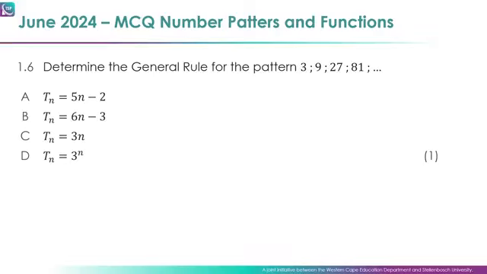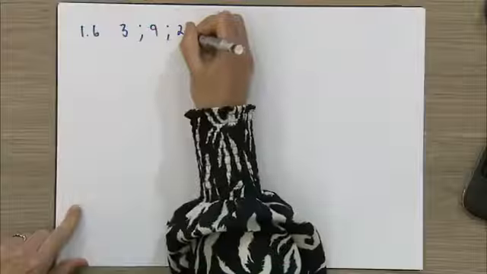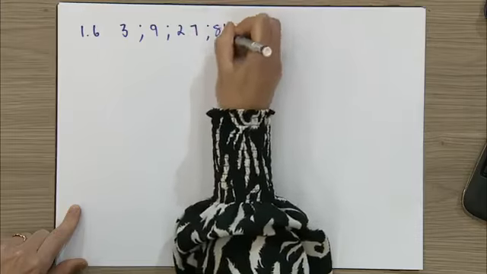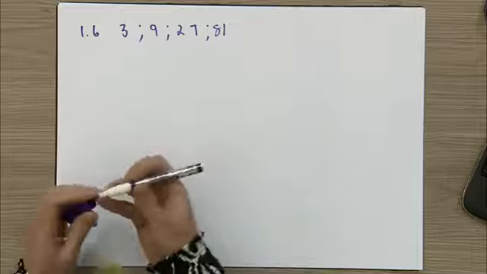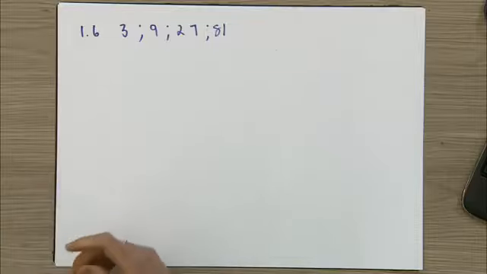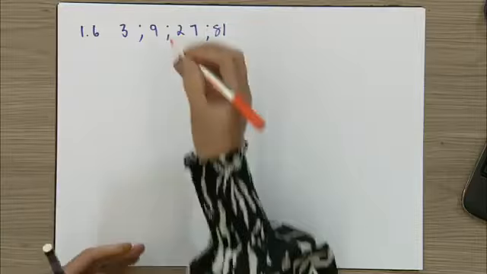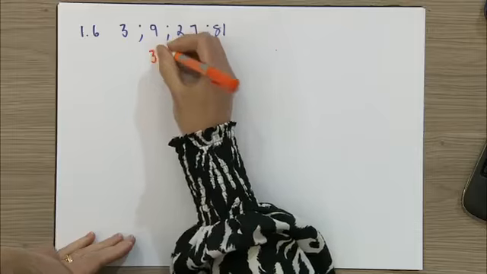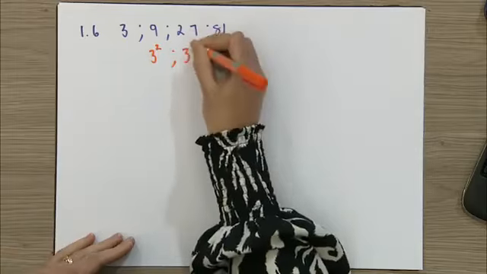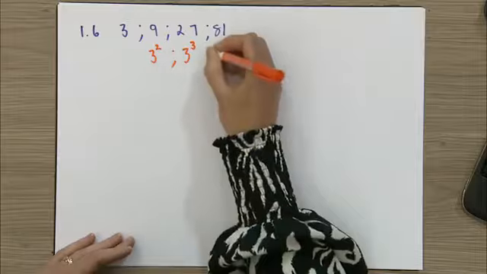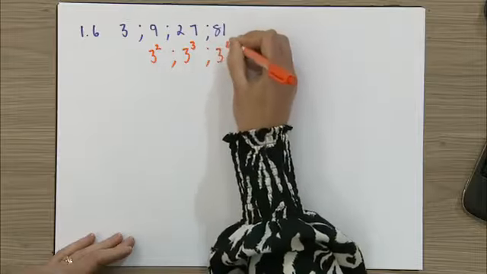So I must look at the numbers 3, 9, 27, and 81, and grade 9s, you should recognize these numbers. These are very special numbers. They are cube numbers, because remember 9 is 3 to the power of 2. 27 is 3 to the power of 3. 81 is 3 to the power of 4.